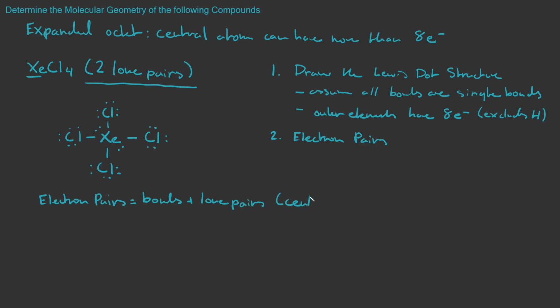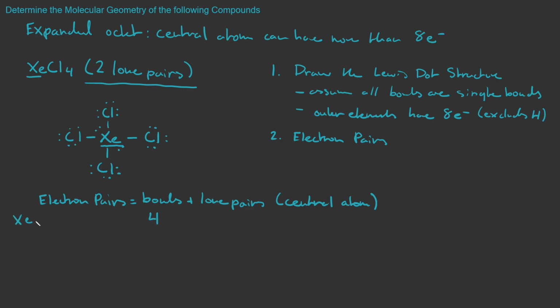Remember, it's only the central atom. So in this case, we only look at Xe. How many bonds do we have attached to Xe? We have 1, 2, 3, 4 bonds.